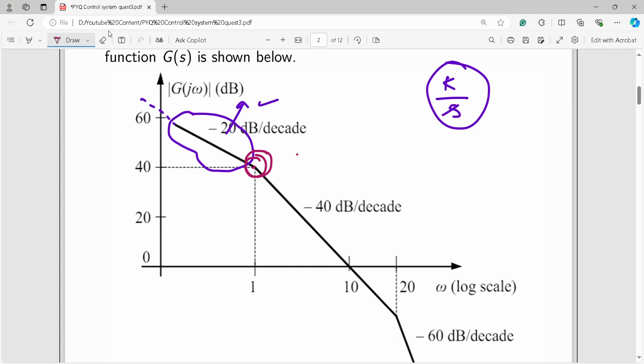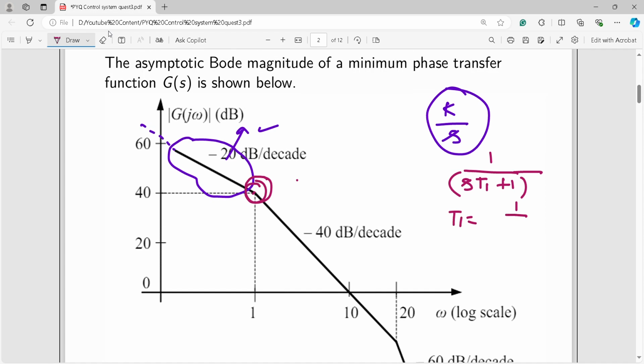So this pole is like 1 by s. I am writing in the time constant format of the transfer function, like 1 by s t1 plus 1, where t1 is 1 by omega 1. Omega 1 is equal to 1 radian per second from this question. Okay?